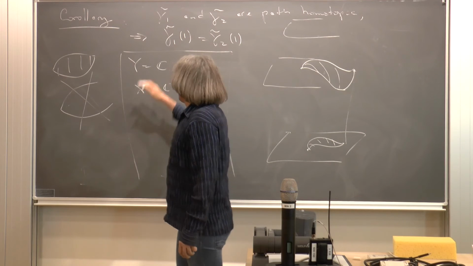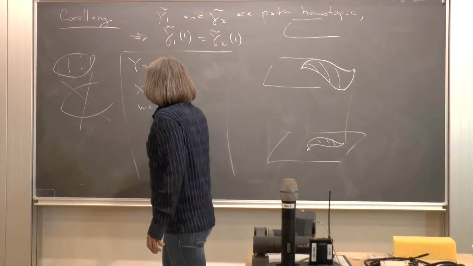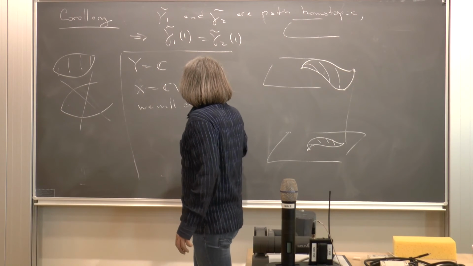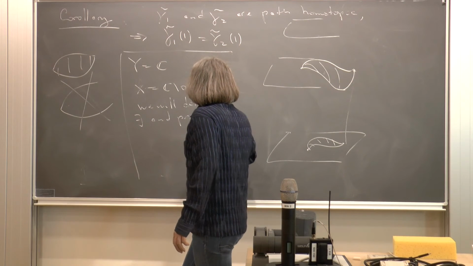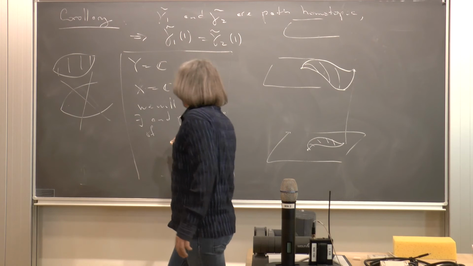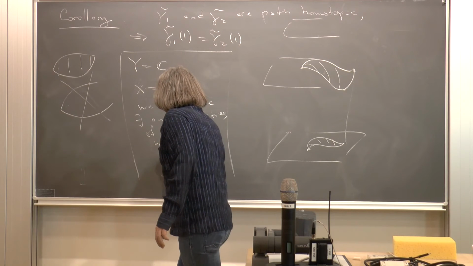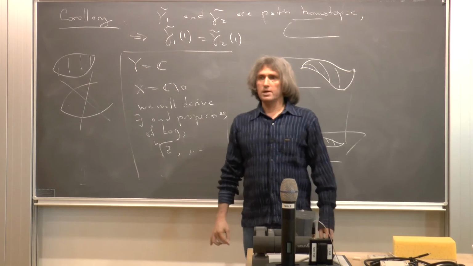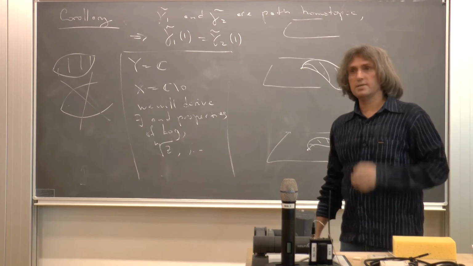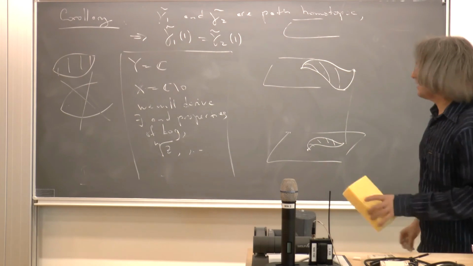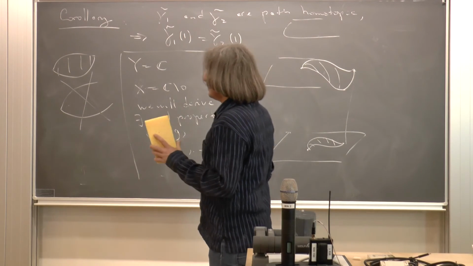So then from this behavior with respect to paths, we will derive existence and properties of logarithm, of nth roots of z, and so on. Because they are exactly sections, and we'll see how. Maybe I should end this lecture by giving a definition.